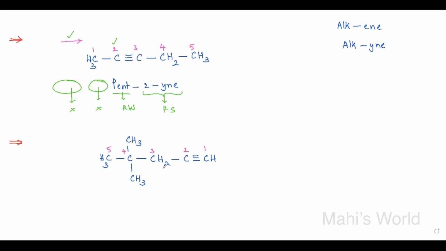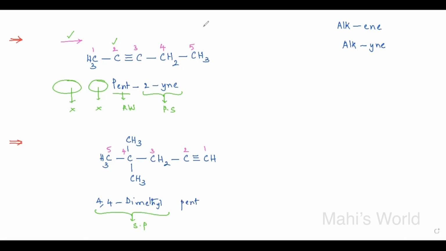I think I'm okay. But at the fourth one, I have two side chains, I mean two methyl groups. So let me write 4,4-dimethyl. I am done with the secondary prefixes. 4,4-dimethyl. No primary prefix. Straight away the root word.